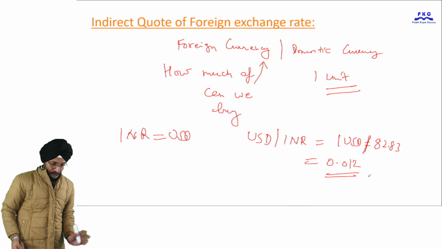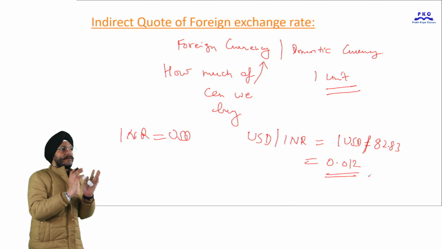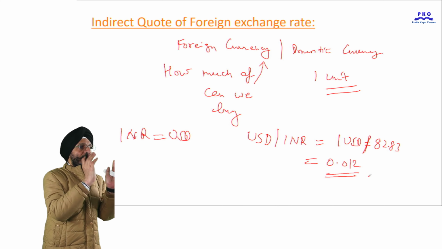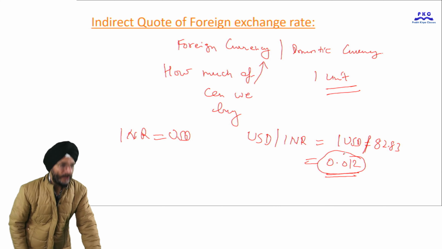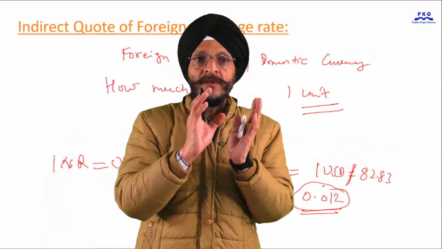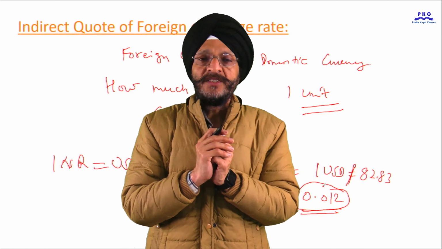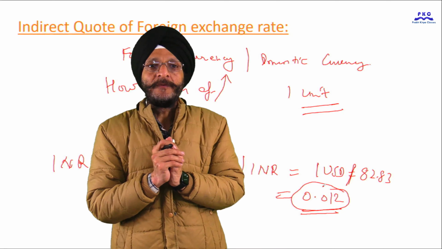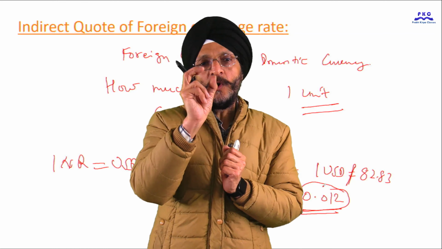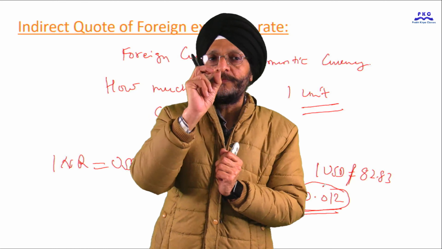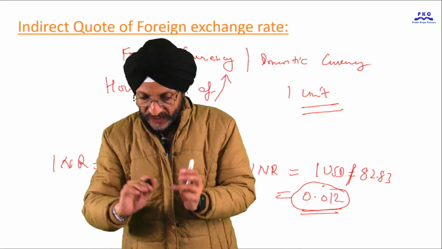So we can purchase 0.012 of US dollars with 1 unit of Indian currency, or 1 Indian rupee. This is the indirect quote.